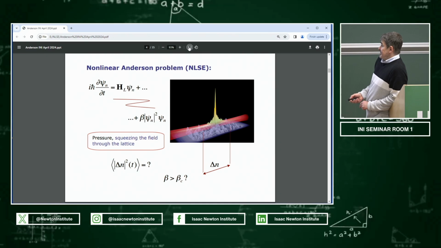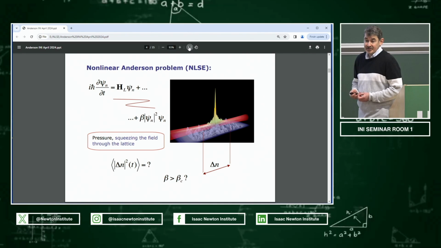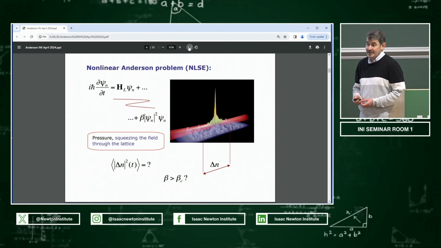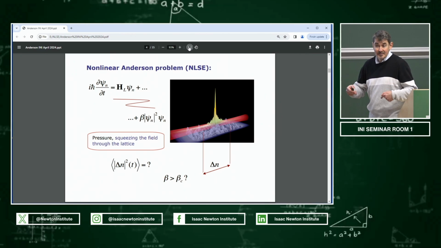And the questions are, if you add this, what happens? Do you really continue to have localization also for the nonlinear field? If not, does it spread to infinitely long distances, or does it spread beyond a linearly localized state and then come to saturation, or does saturation never occur and it spreads to infinity?